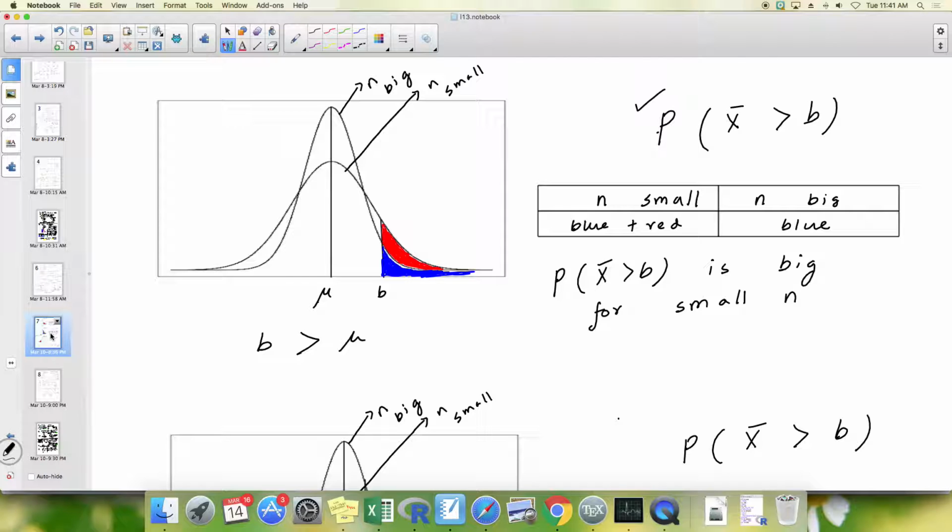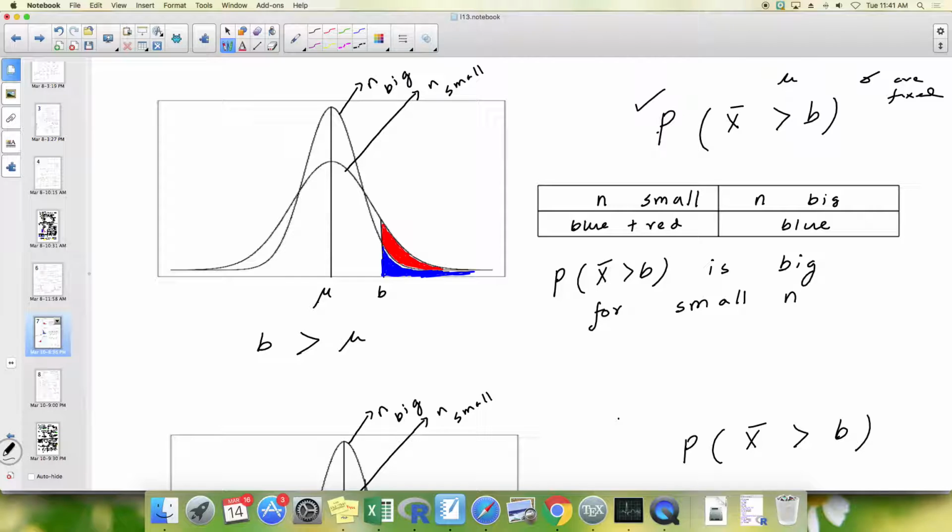As I told you guys, here mu and sigma remain fixed. But there's a big value of n and a small value of n. And we learned from the previous page, if n is big, it's tall and skinny. If n is small, it's short and flat, as we see on this picture.